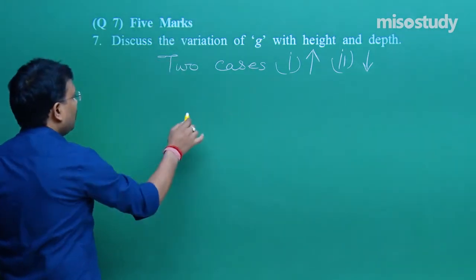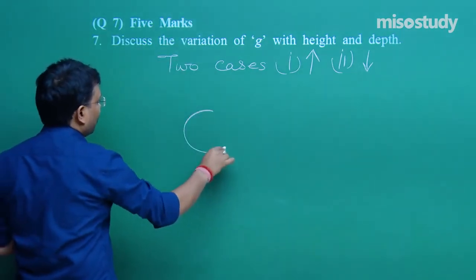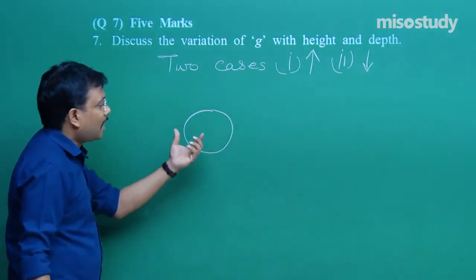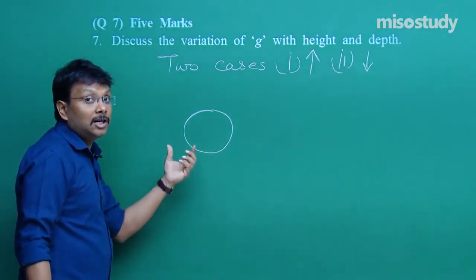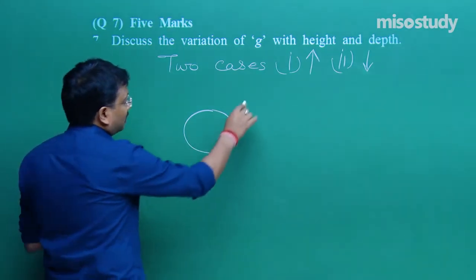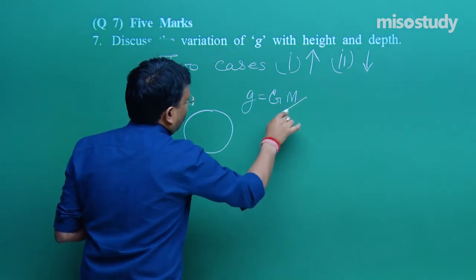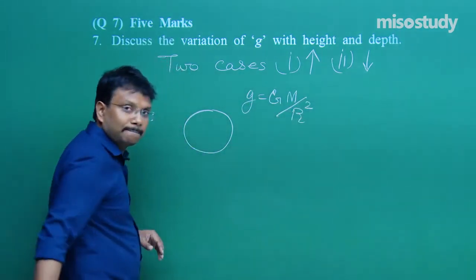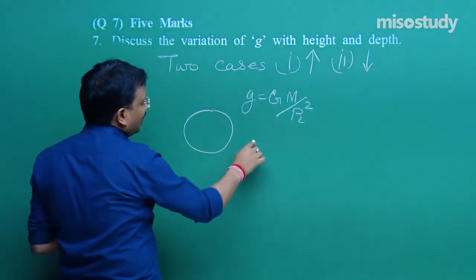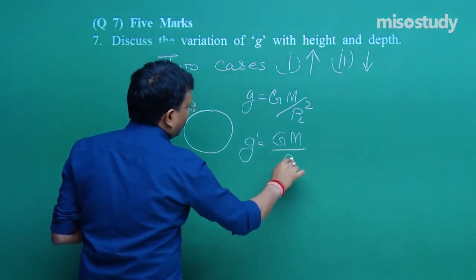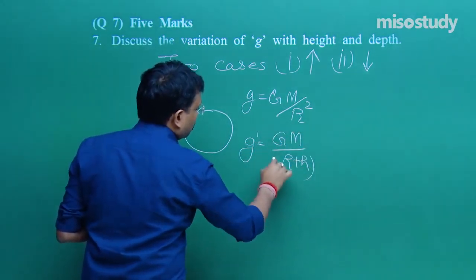Say for example, for height, let us say Earth. First, the value of acceleration due to gravity at the surface of the Earth is g = GM/R². At any height, g' = GM/(R+h)².